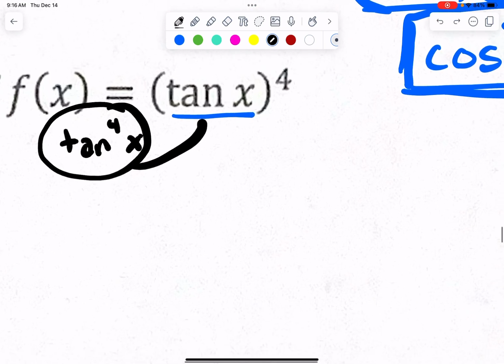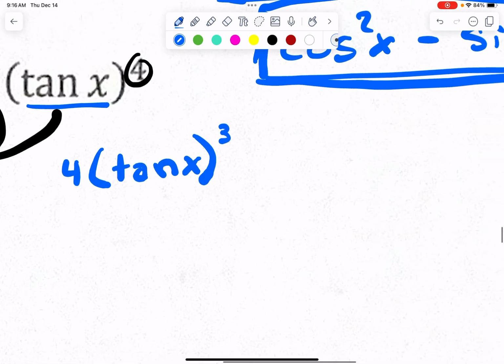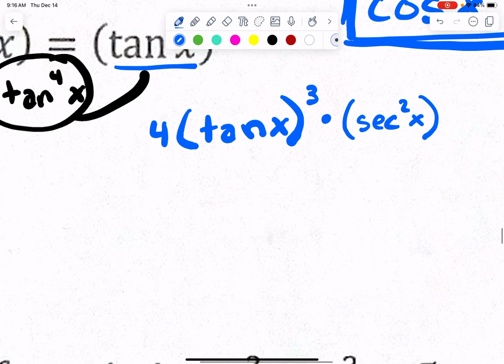Okay? So starting the chain rule, 4 is going to go down in front. So I've got 4 tangent x, it just stays in the middle, and that becomes to the third power, but then I have to multiply by the derivative of the inside, and the derivative of tangent, I think, is secant squared. Okay, you'll have to put a star by that if that is wrong, and let me know tomorrow, but I'm pretty sure that's secant squared.